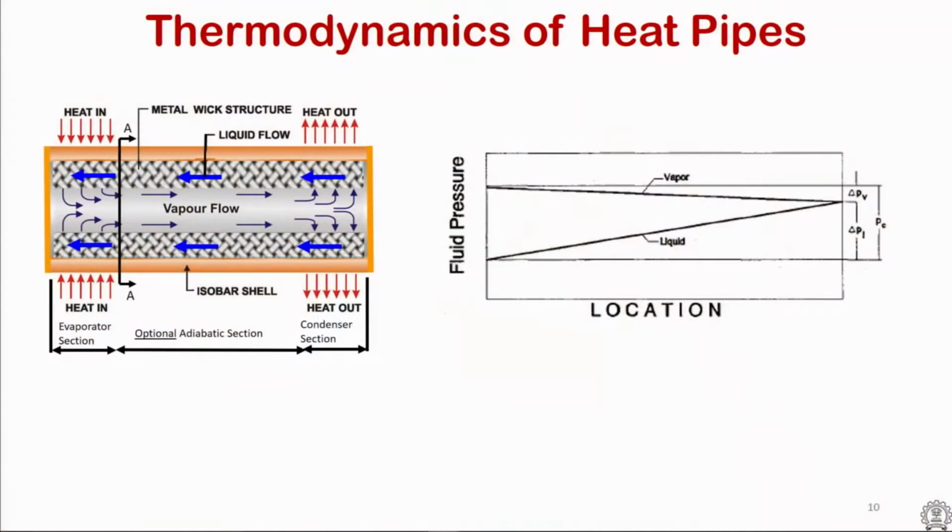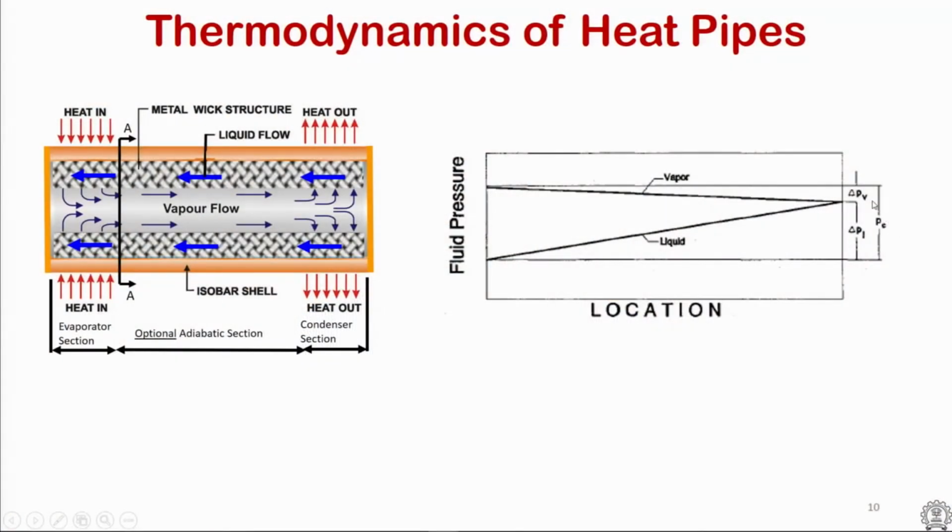So, if you look at the thermodynamics of this heat pipe, pressure wise, we will see, as shown here in this figure, that at the evaporator end the vapor pressure will be very high, and as it flows down from evaporator to the condenser, the vapor pressure drops.